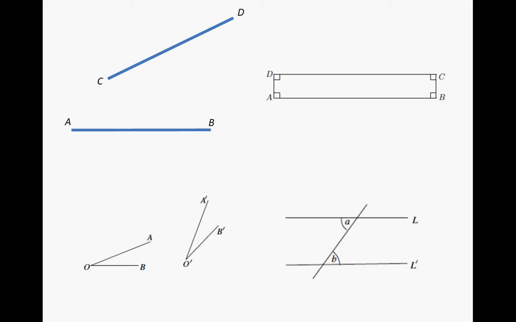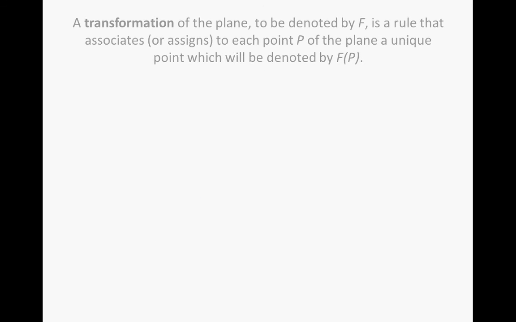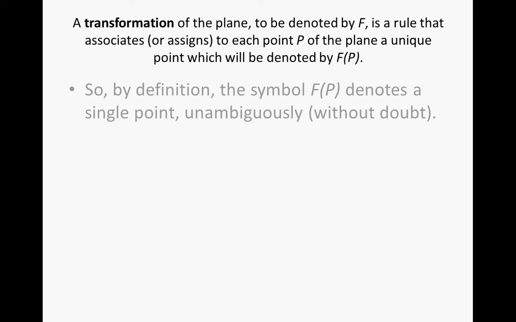Moving things around in a plane is exactly where the concept of transformation comes in. So a transformation of the plane, to be denoted by F, is a rule that associates or assigns to each point P of the plane a unique point which will be denoted by F of P. So by definition, the symbol F of P denotes a single point unambiguously.